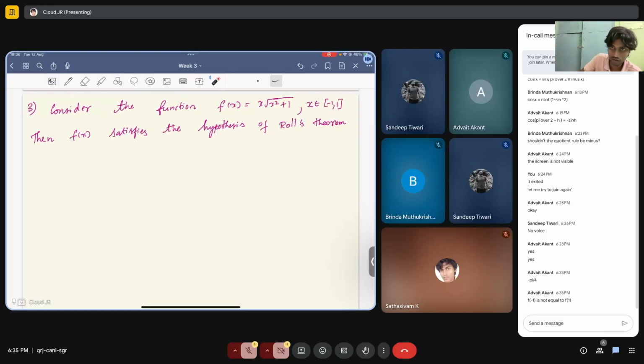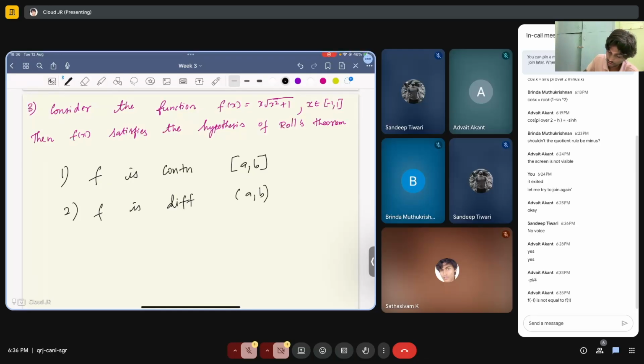If you remember, the hypothesis of Rolle's theorem says what? First, you want f to be continuous on the closed interval [a, b]. It is differentiable on the open interval (a, b).